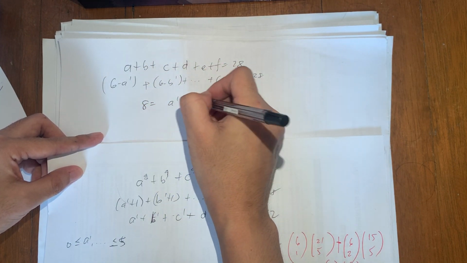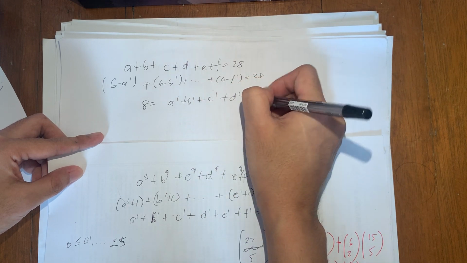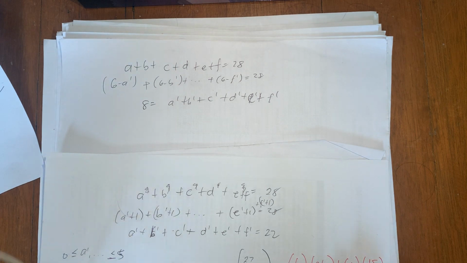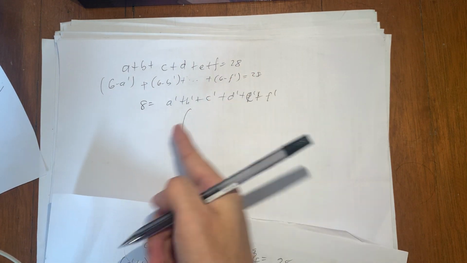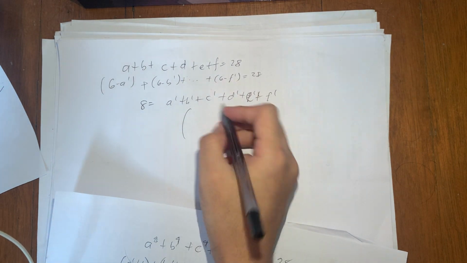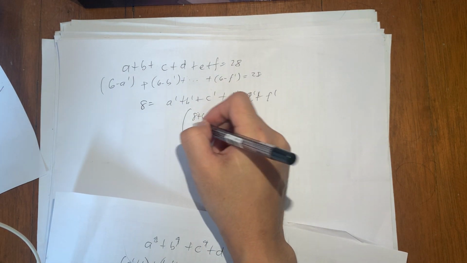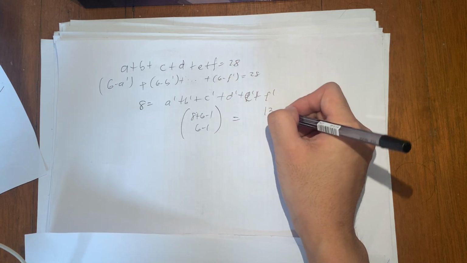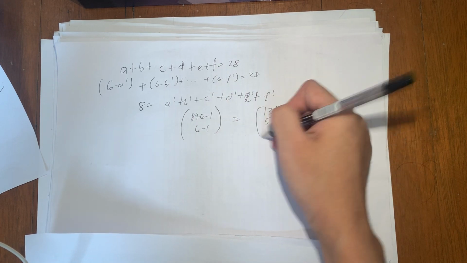A prime plus b prime plus c prime plus d prime plus e prime plus f prime. Number of solutions for this one is 8 plus 6 minus 1 taken 6 minus 1. So that's 13 taken 5.